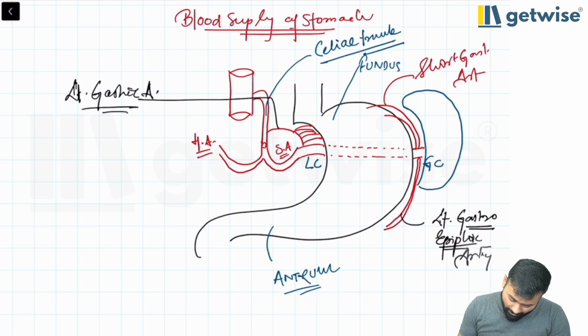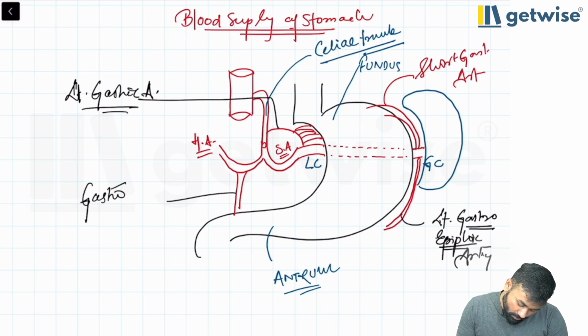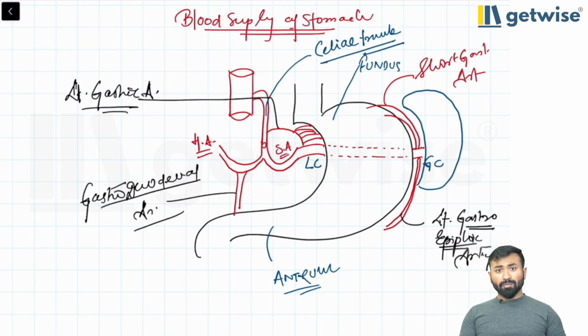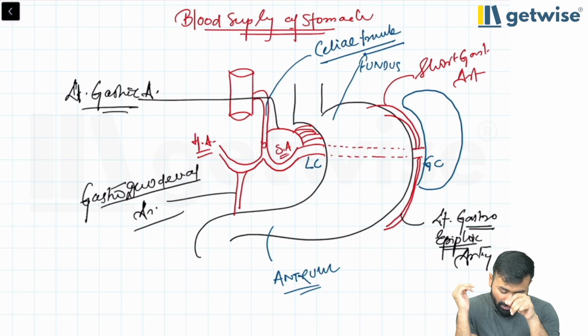From the hepatic artery, there is another branch coming out, called the gastroduodenal artery. It is called the gastroduodenal artery because it supplies the stomach as well as the duodenum.